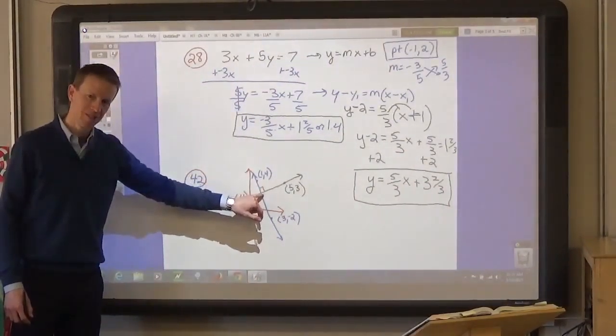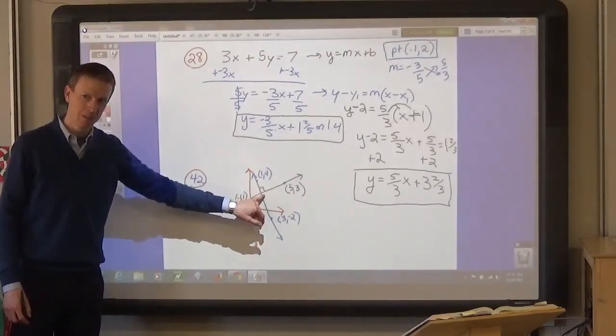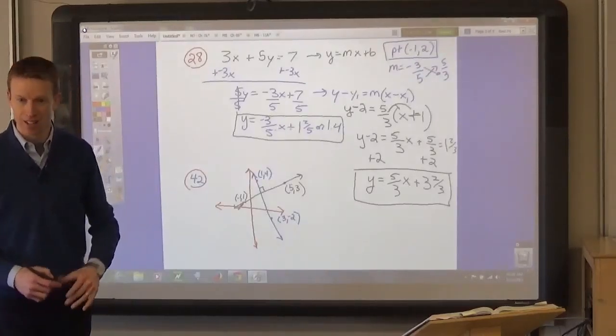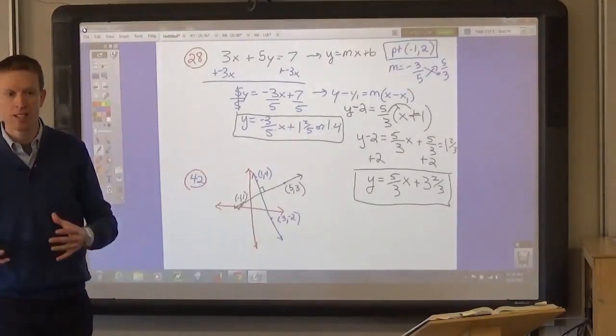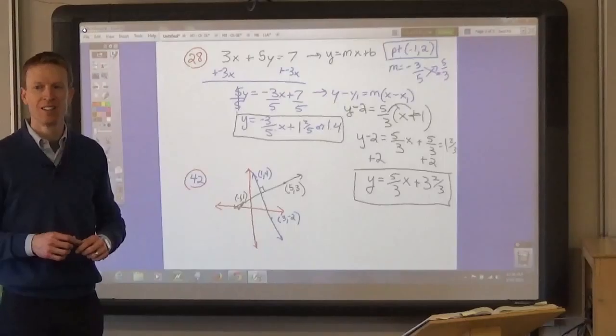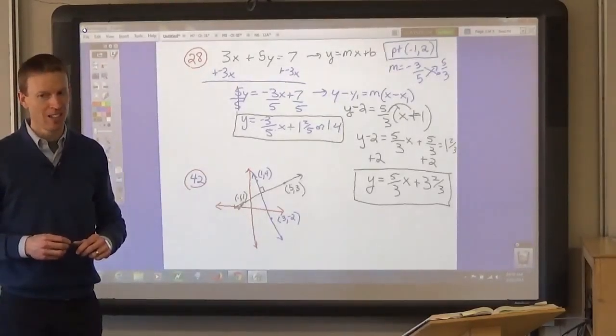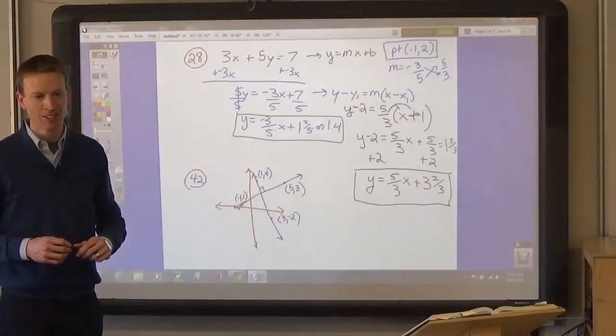What is this? A 90-degree angle. Yep, they cross at a 90-degree angle, so how do you describe them? Perpendicular. That means their slopes are negative reciprocals. They're not the same, they're negative reciprocals. Okay?